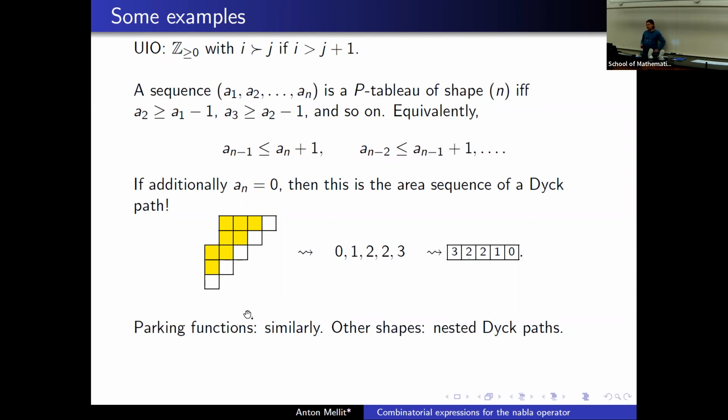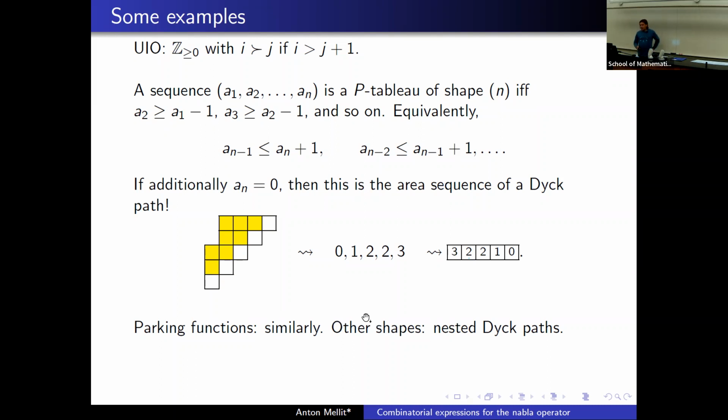A parking function is a Dyck path plus a labeling of the vertical steps satisfying some extra monotonicity conditions when two steps go one after another.